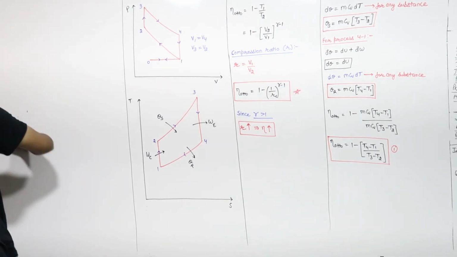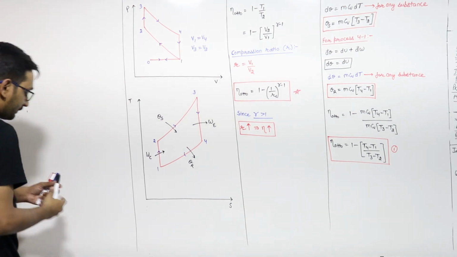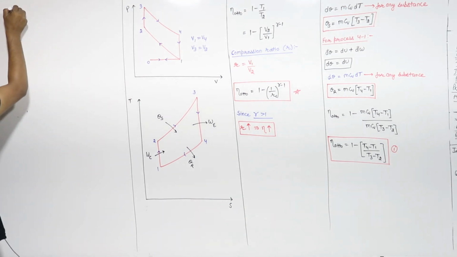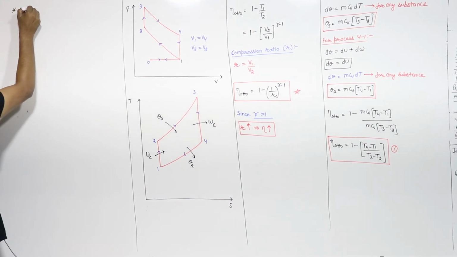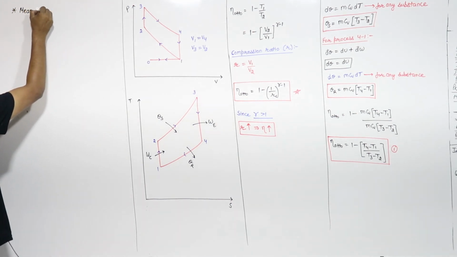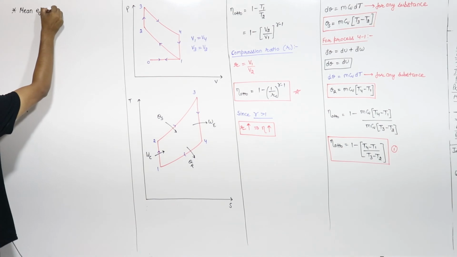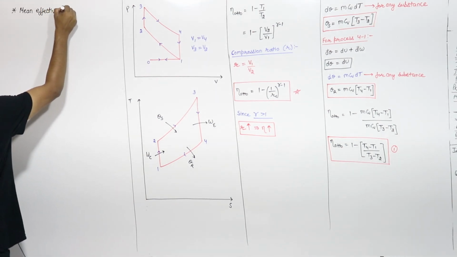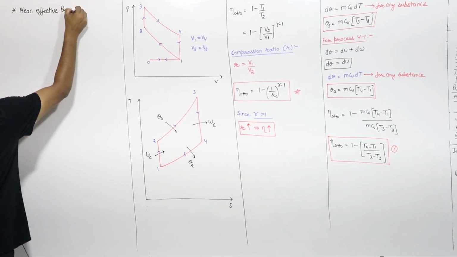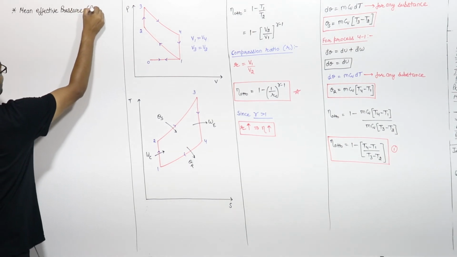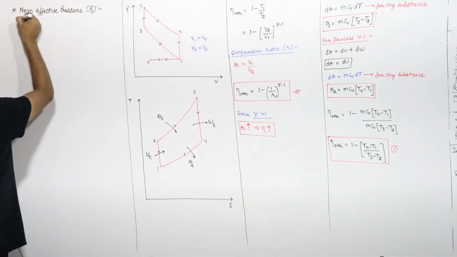Mean effective pressure is the next important term which we have to define. We denote it with P_m.